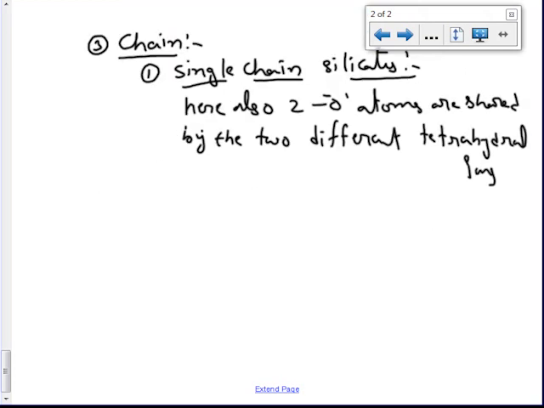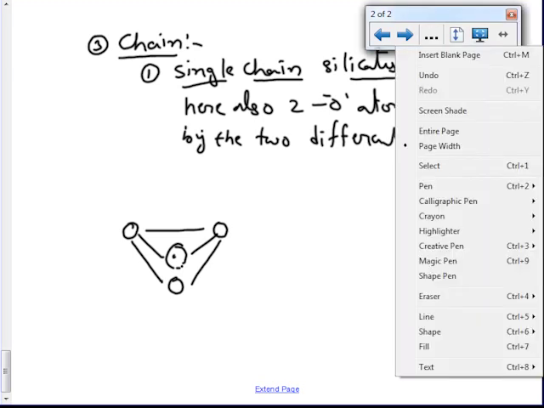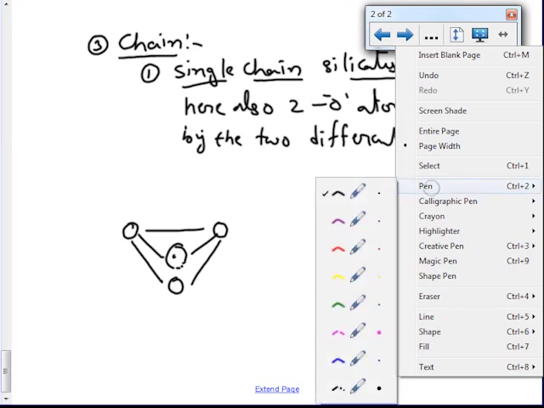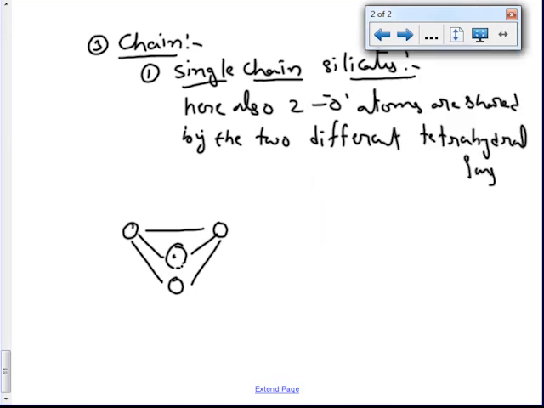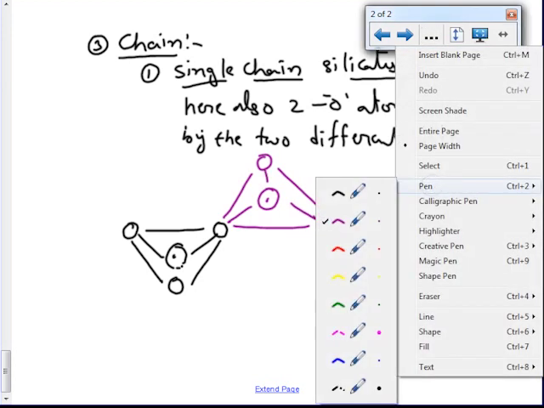Now I am going to take the three ions in the chain form. Here oxygen, here oxygen, and here there is silicon and oxygen both. This one. And another one I am taking in another color, here there is oxygen like this, and I am taking another one, the third one.